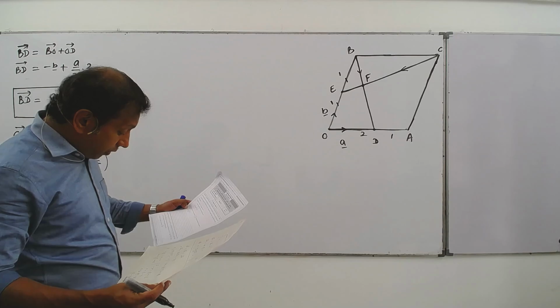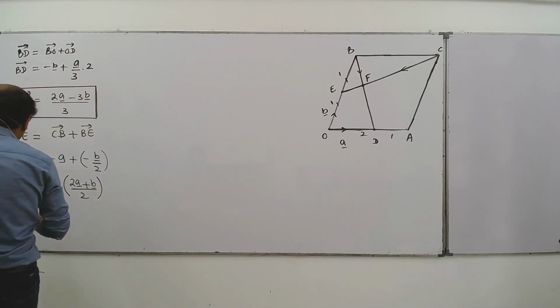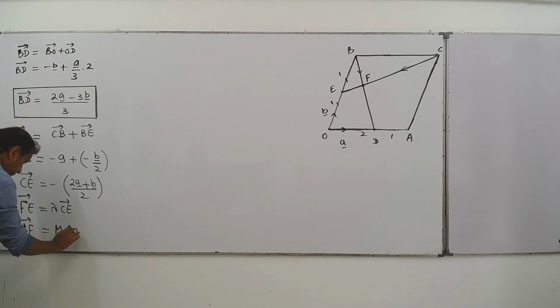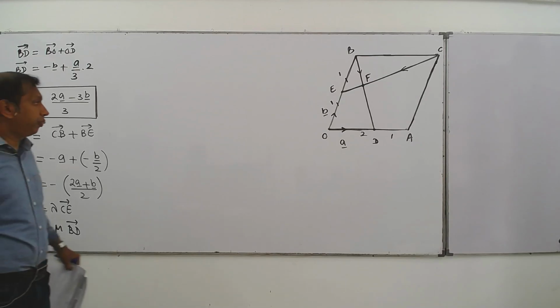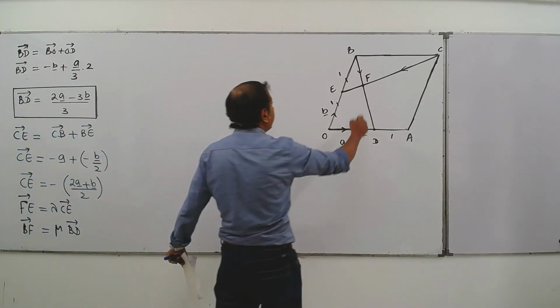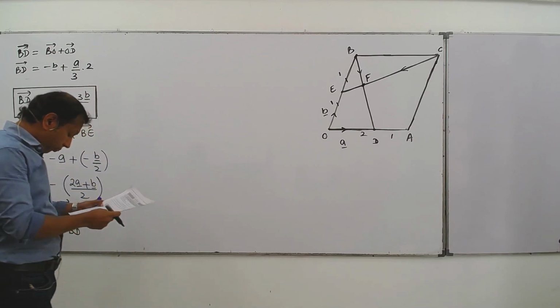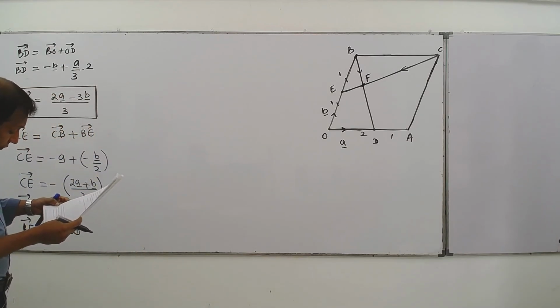Right. Now, next one asking, we are given FE equals lambda CE, FE vector lambda times CE. And another vector given, BF is mu BD. BF given, FE given. Then asking to find the values of lambda and mu.